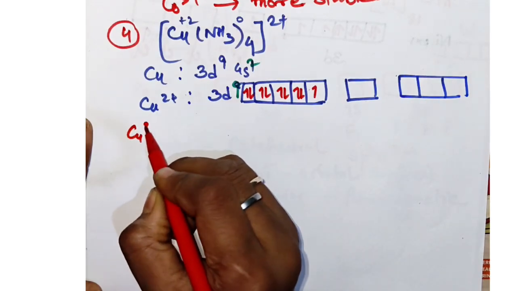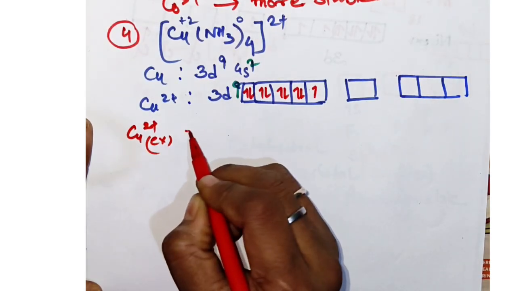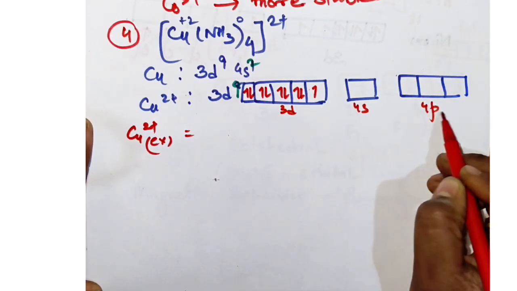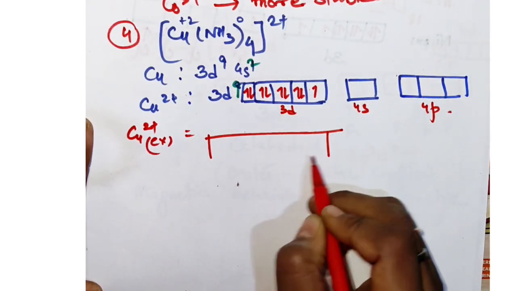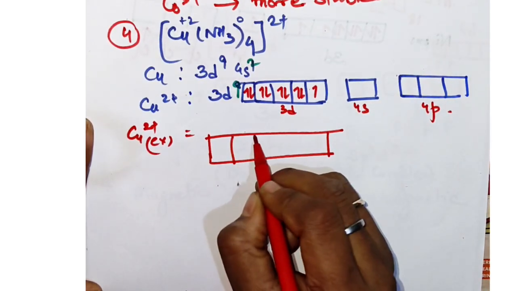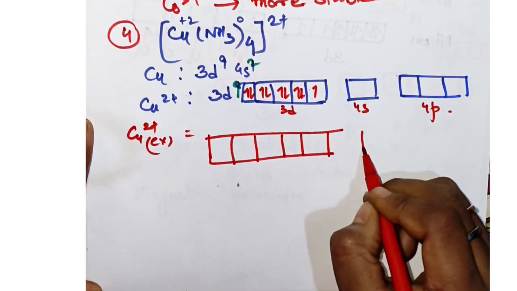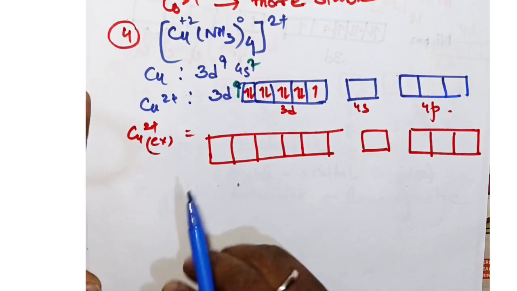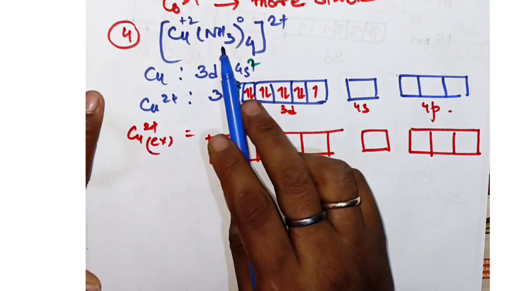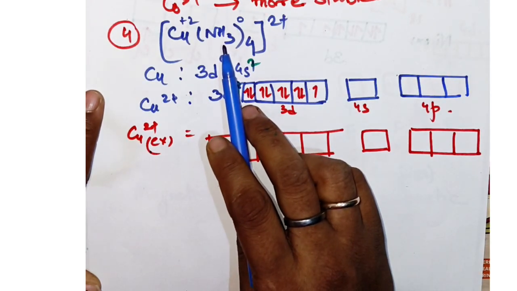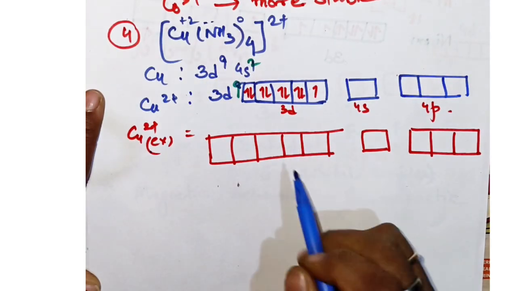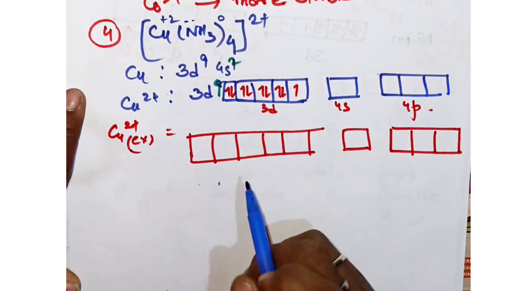So copper in your excited state, 3d9, right? There are 9 electrons out here. In the excited state, what will happen now? Because ammonia is again a strong field ligand, it will try to have all electrons of the d subshell paired.